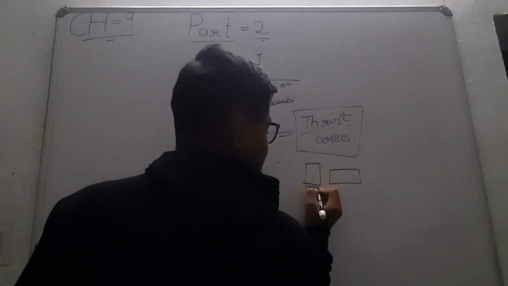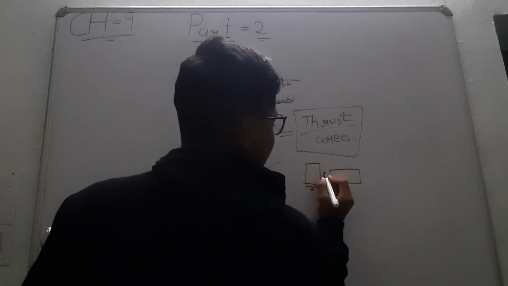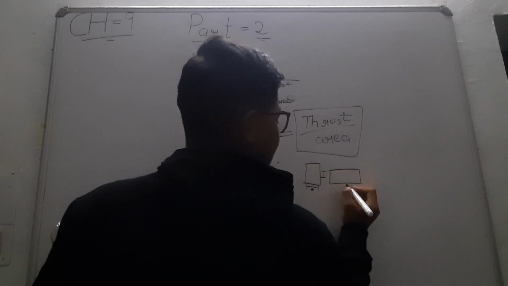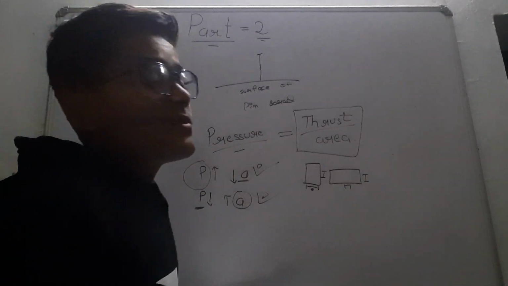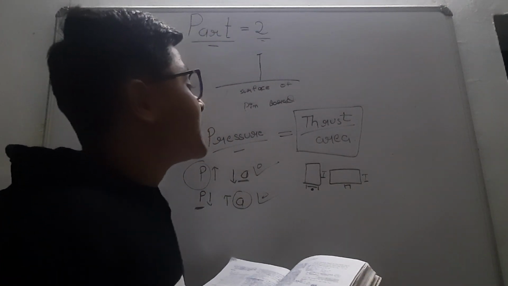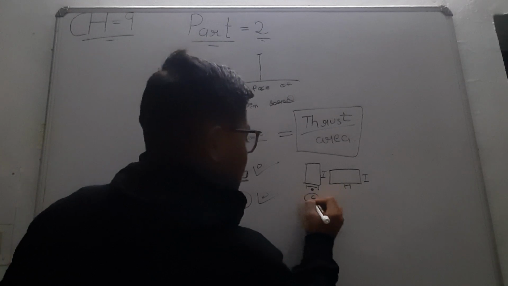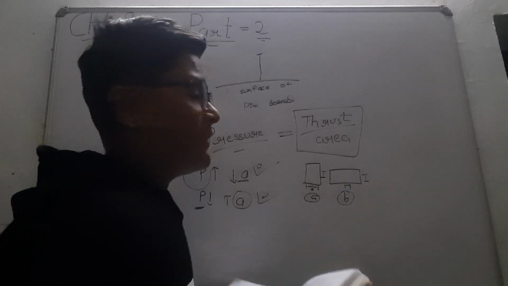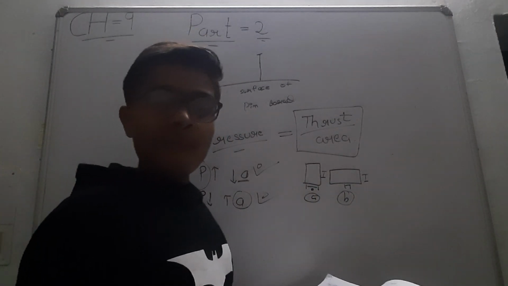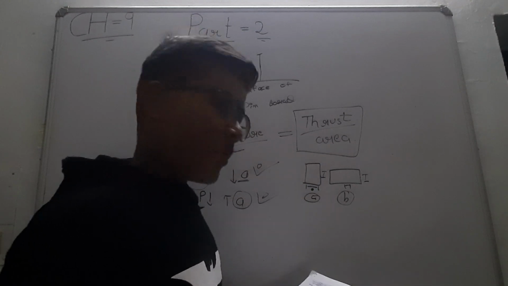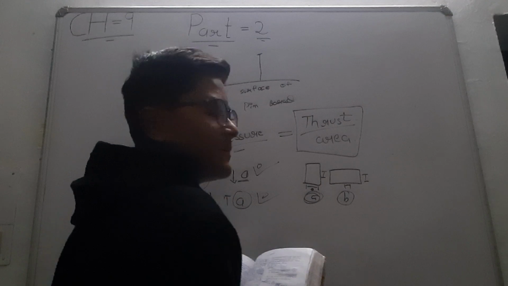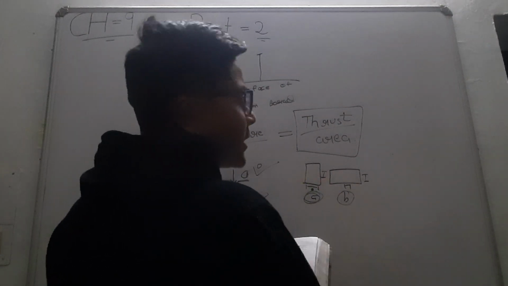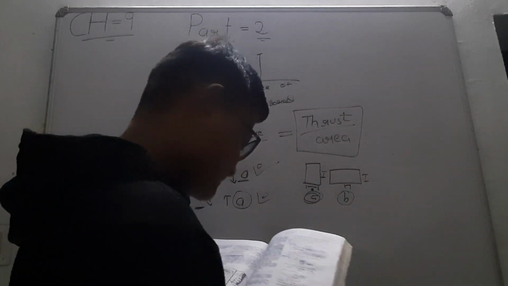They have given the area, length and breadth of this, and they ask us to work out which of them, A or B, will apply more pressure on the surface. Obviously A will apply more pressure because the surface area of A is less.